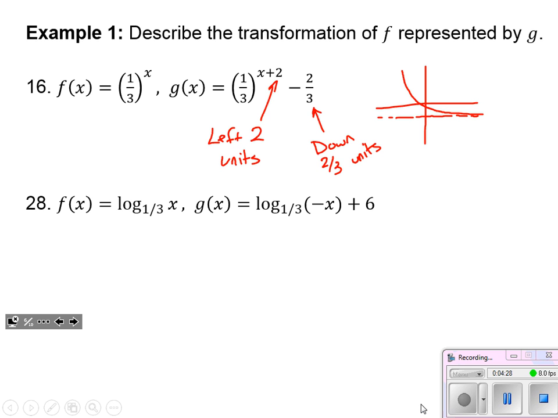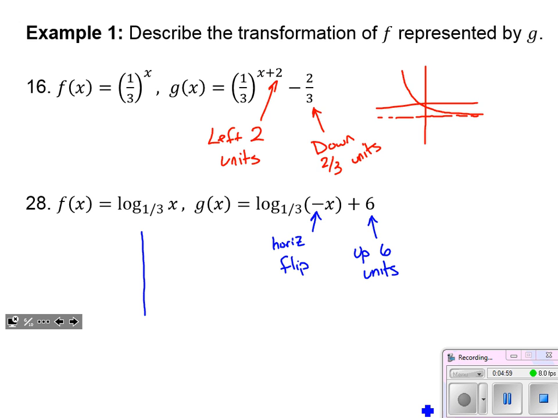All right, for number 28, here we've got a log base 1/3 of x, and then our transformation is log base 1/3 of negative x, and then plus 6. Well, I know that negative sign that's multiplied into the input, into x, that is causing a horizontal flip. And then the plus 6 that is outside that input area, outside the logarithm, that's causing it to shift up 6 units.